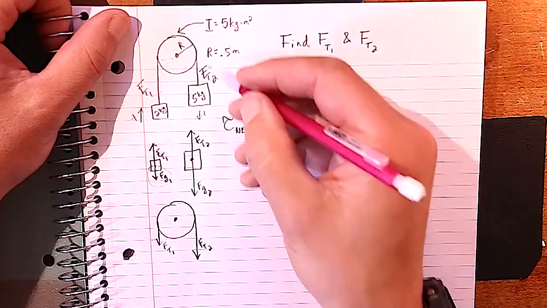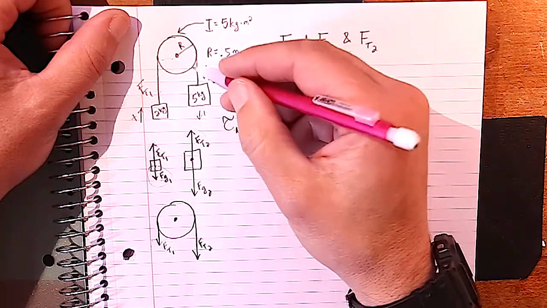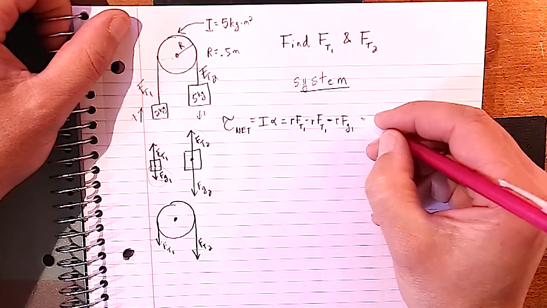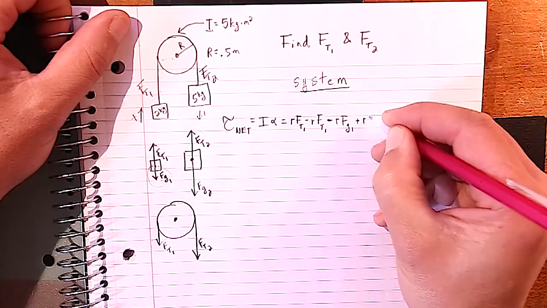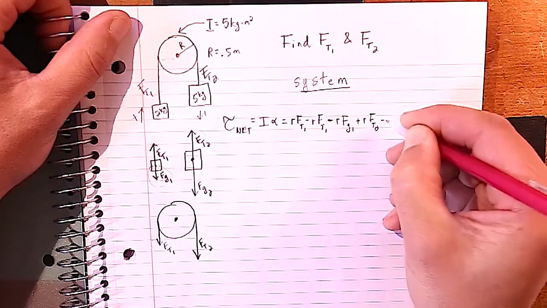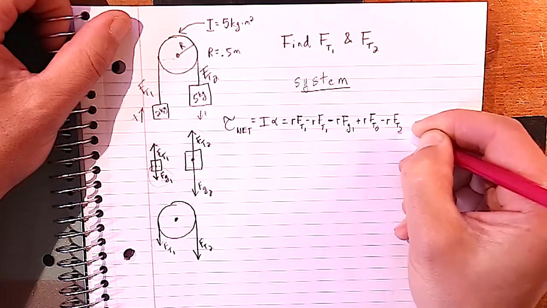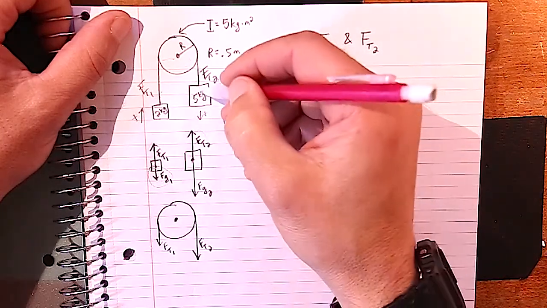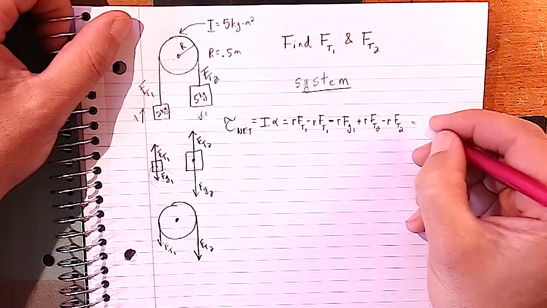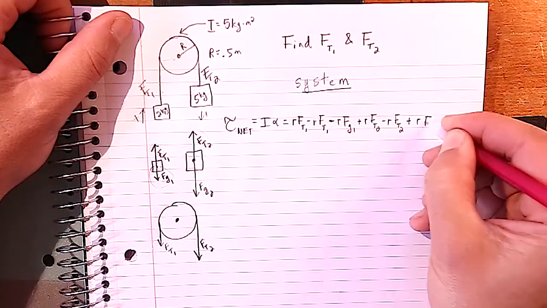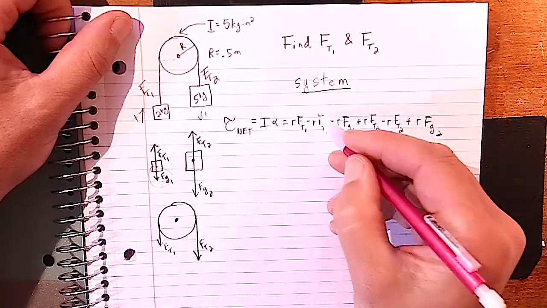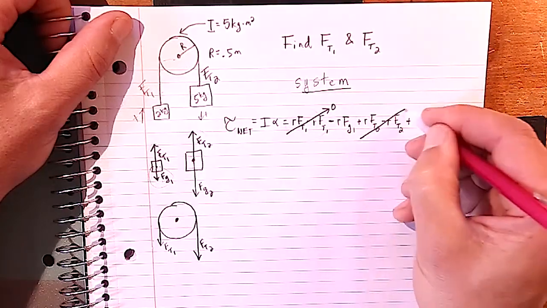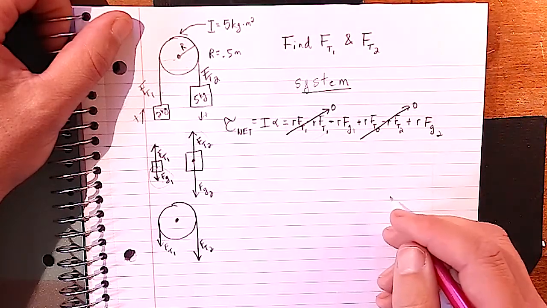And then on the other side, we have two forces of tension, both acting at radius r. So that's going to be plus RFT2 minus RFT2. And then finally, we have the force of gravity acting at radius r. So that's going to be plus RFG2. So these two are equal and opposite torques, so they cancel. These two cancel as well.